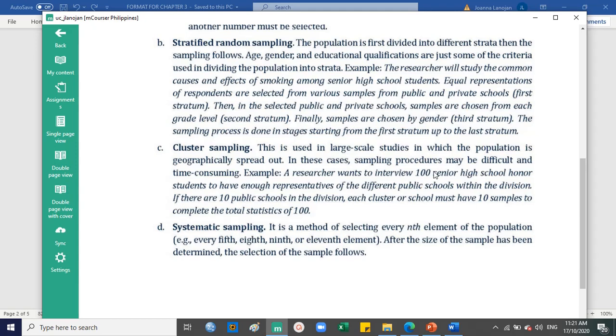In these cases, sampling procedures may be difficult and time-consuming. So here, a researcher wants to interview 100 senior high school honor students to have enough representatives of the different public schools within the division. Now, if there are 10 public schools in this division, each cluster school must have at least 10 samples to complete the total of 100.